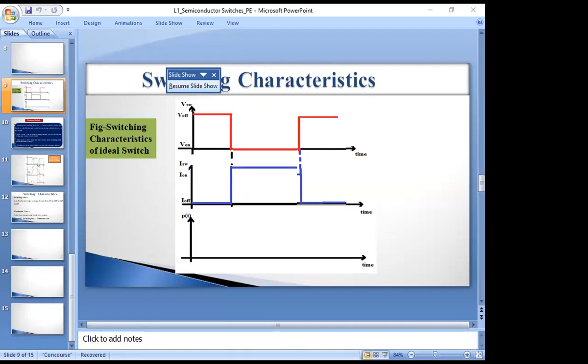This is the switch. Clear? So now, how we can draw the waveforms or switching characteristics?